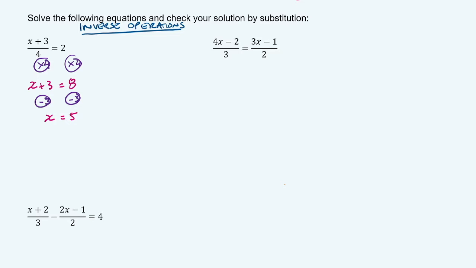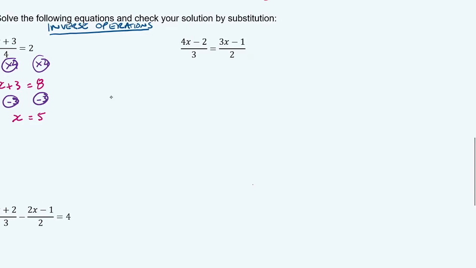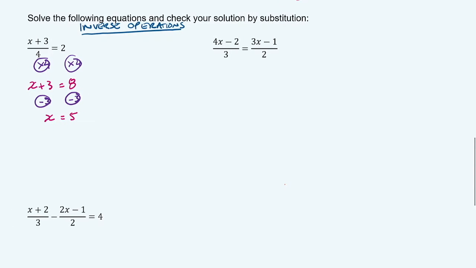Let's check this out by doing the substitution. So we're going to put in our equation. Okay, and now we're going to substitute in 5 for x.